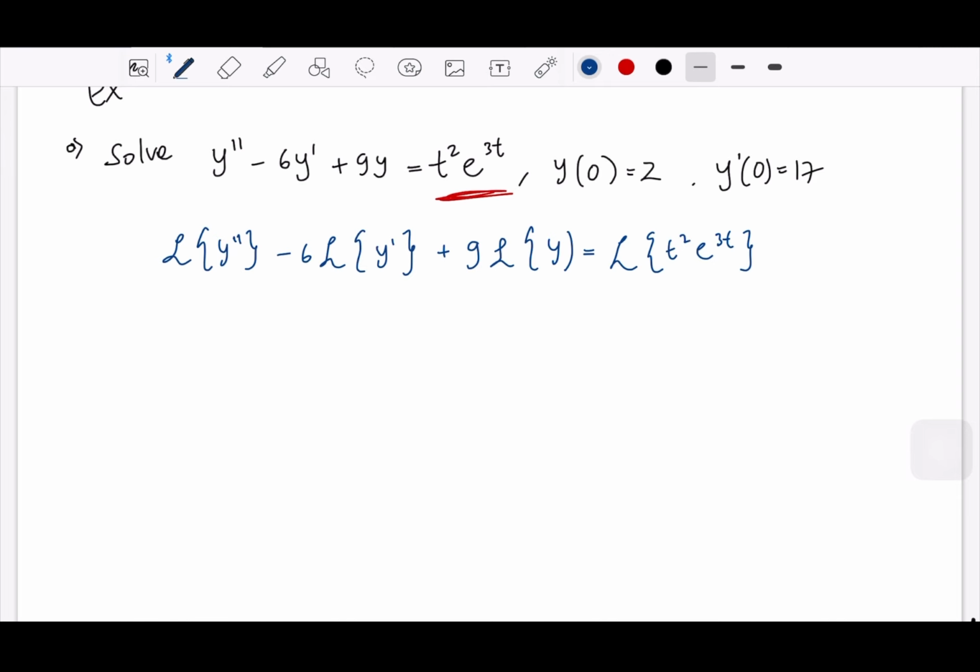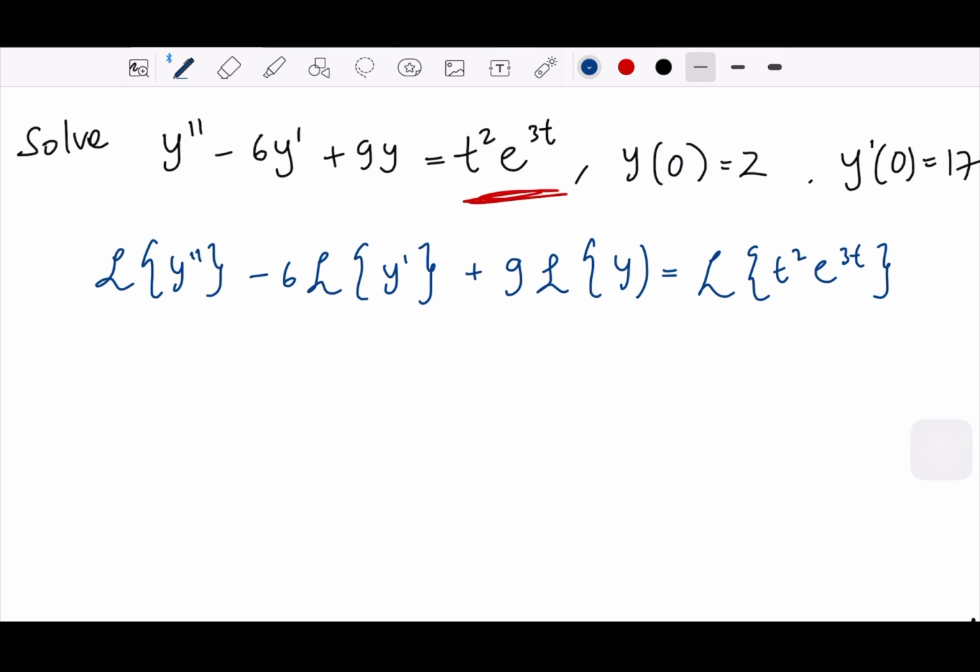Okay, now we could try to take each form of Laplace.